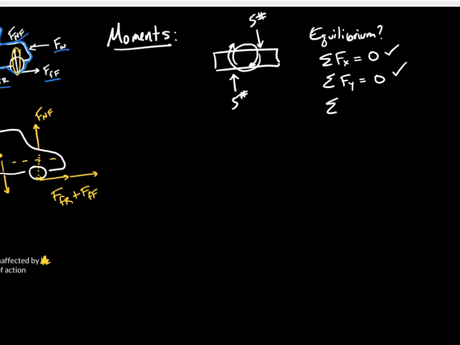So in this case, the sum of the moments needs to be equal to 0. That could be around any point. Usually books use the sum of moments around 0. I don't really know why it's always 0. For me, in this case, I'm going to say the sum of the moments around the z-axis.